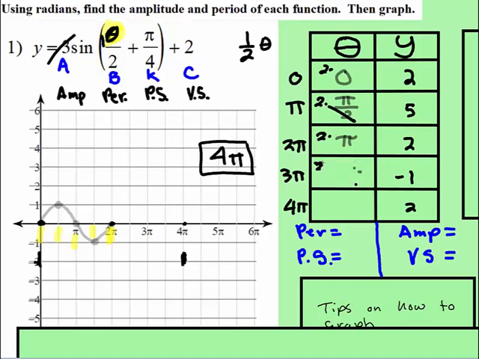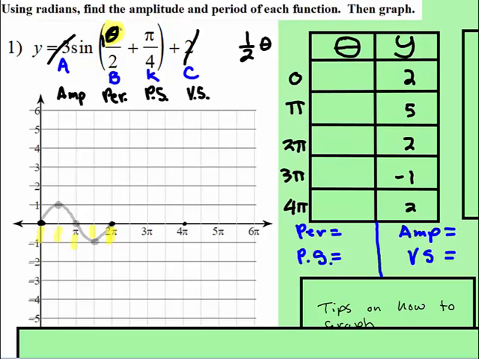And now we just have to do the phase shift. You guys can pause this and retake notes or pay attention to what's going on. So now, the last thing we have to do, we've done the vertical shift. We just took care of the period. And now we have to do the phase shift. Remember, the phase shift was the opposite of k divided by b.